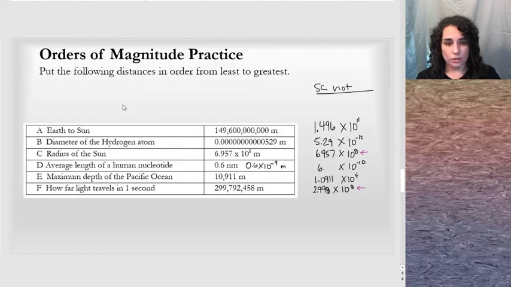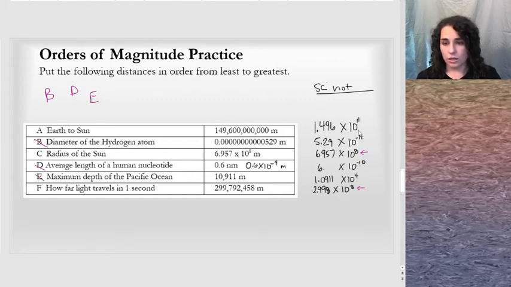This one's the smallest, so B is the smallest, 10 to the negative 12th. D is the next smallest, 10 to the negative 10th. So I'll cross those out that we've used. Oh, what's the next one? 10 to the 4th power? Yeah, 10 to the 4th power. So we get E, use that one.